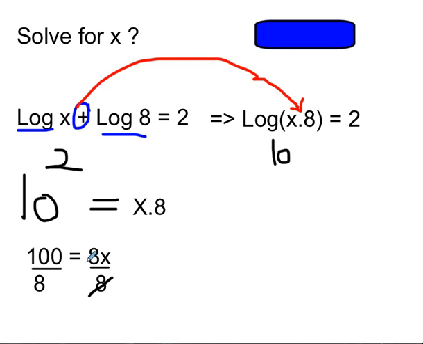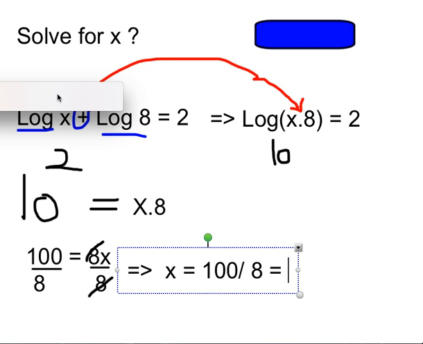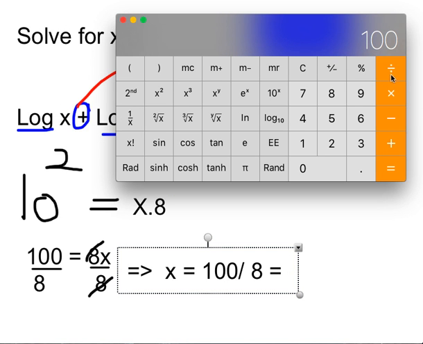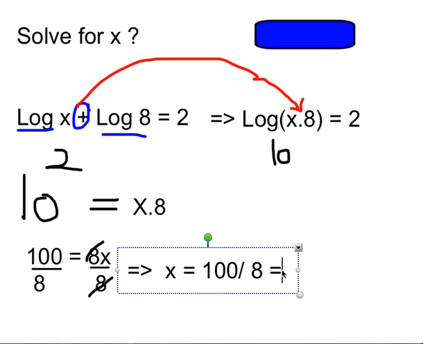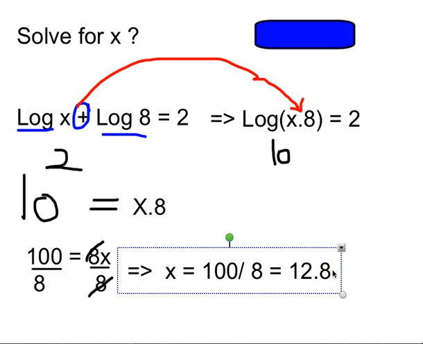This 8 and that 8 are going to cancel each other out, and what we have is x is equal to 100 divided by 8, which on the calculator is 12.5. You can leave it as a ratio like that, 100 divided by 8, or you can simply use it as a decimal, 12.5.